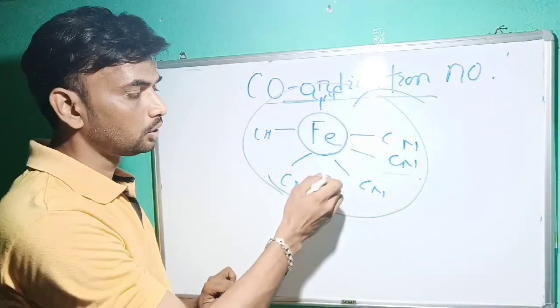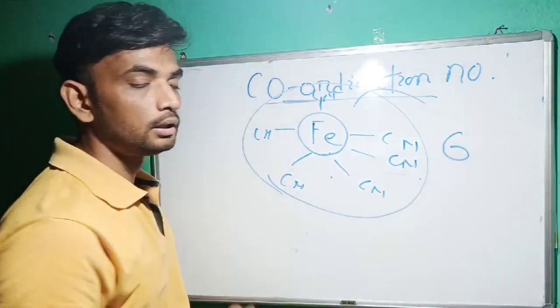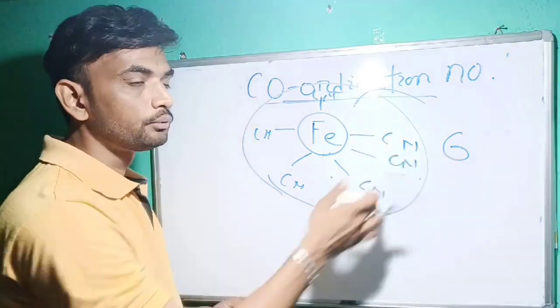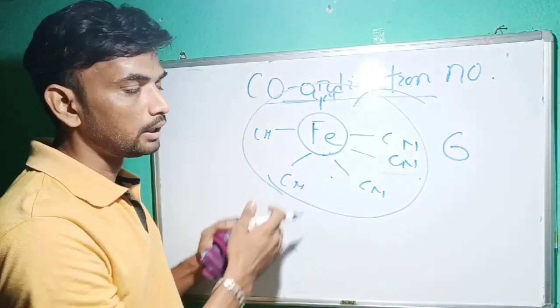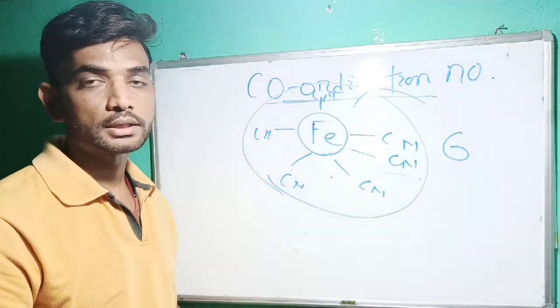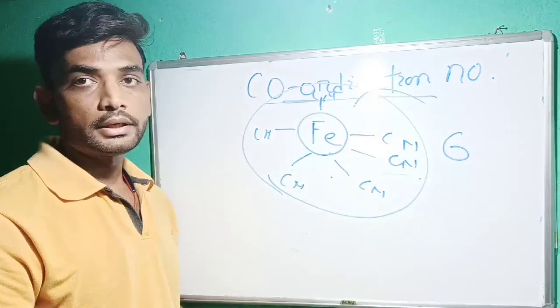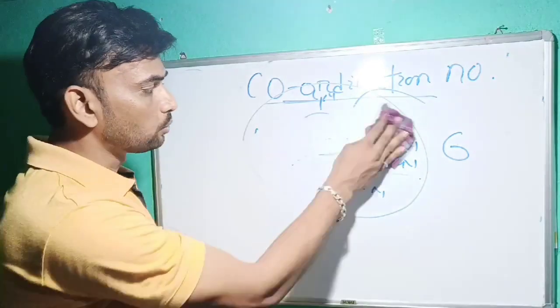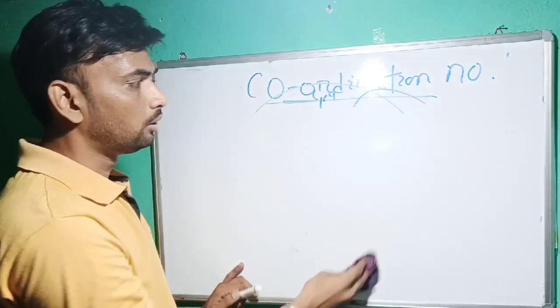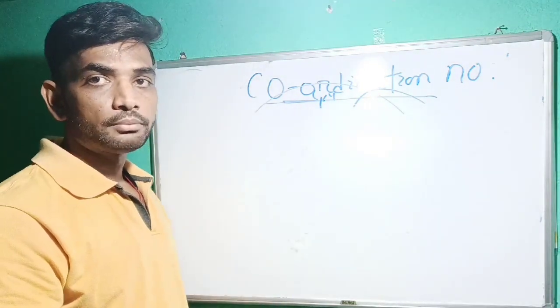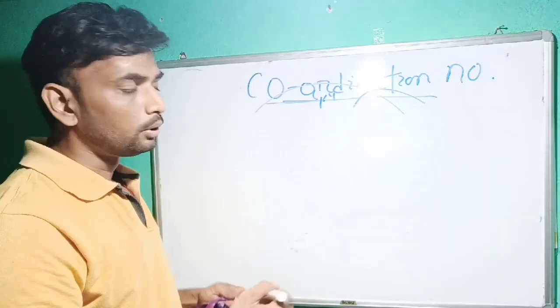That's why the coordination number here is equal to 6. It is clear that the number of coordinate bonds in a respective complex is known as the coordination number of the central metal atom. Let us also consider the coordination number of a complex in which bidentate or polydentate ligands are present.